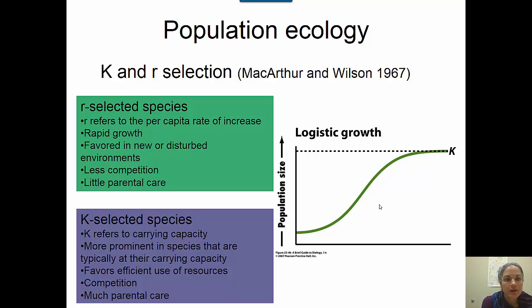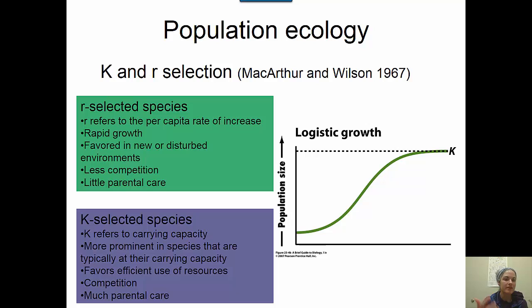Wilson and MacArthur talked about these two extremes, the annual plant and the perennial plant that we just looked at, using the terms r-selected versus K-selected. And you read a little bit about this in Concepts in Biology. r refers to the per capita rate of increase, so that's the growth rate of the population growth curve, and it's going to be really high in r-selected species.